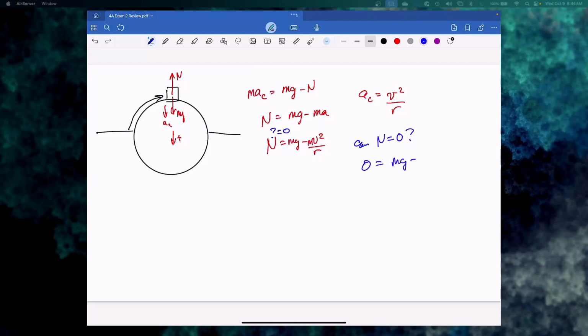Is there a situation, so I move things around, mv squared over r equals mg, and sure enough, there is a non-zero speed, and it's also not imaginary because it's got a radius and I know what planet I'm on. So if the car achieves that speed, there will be no normal force between the car and the road.